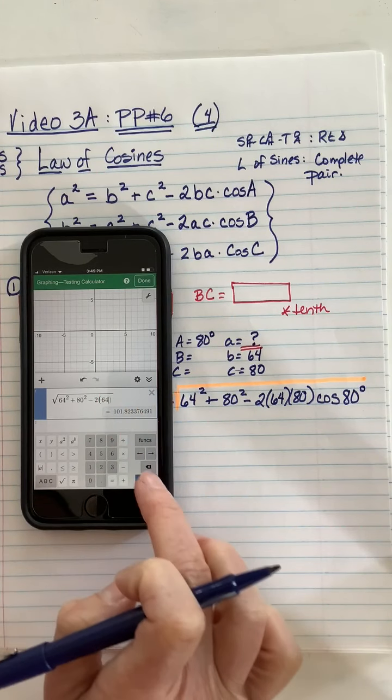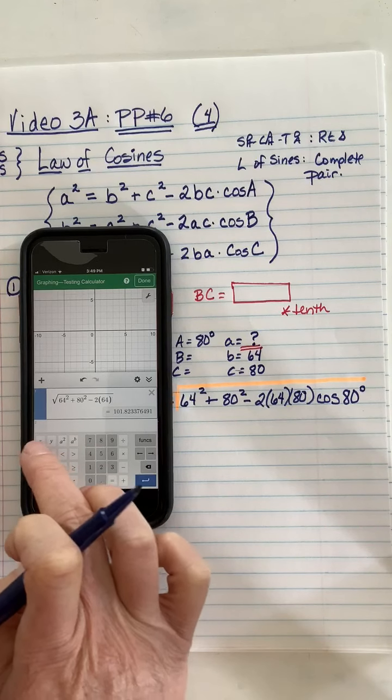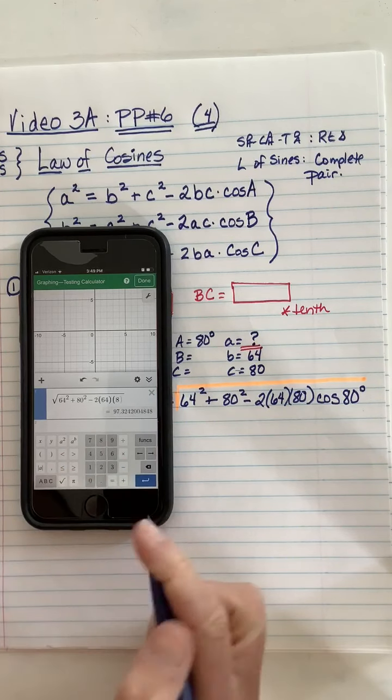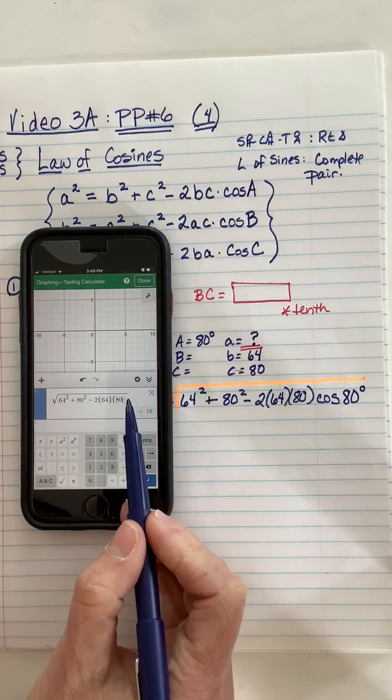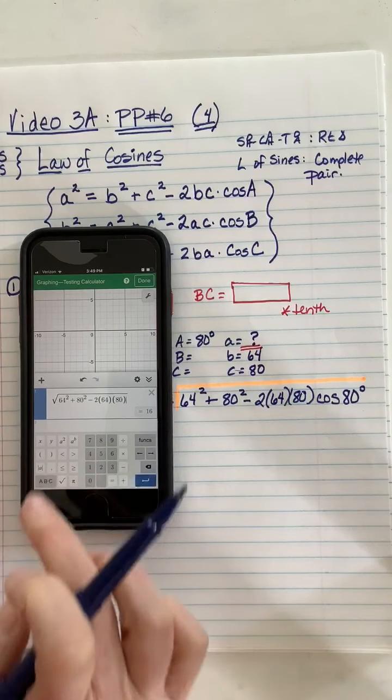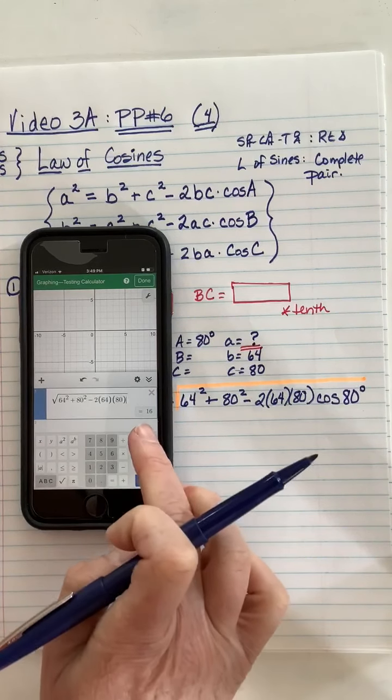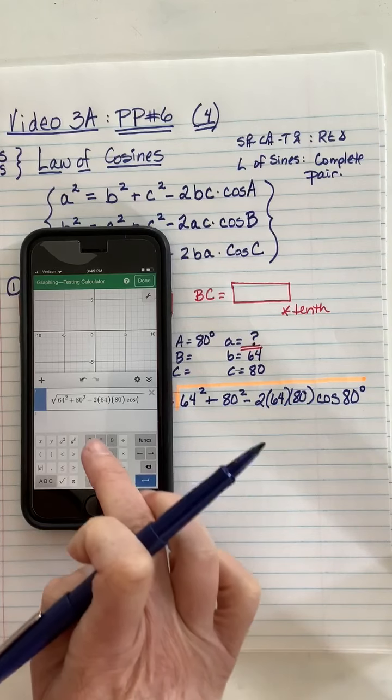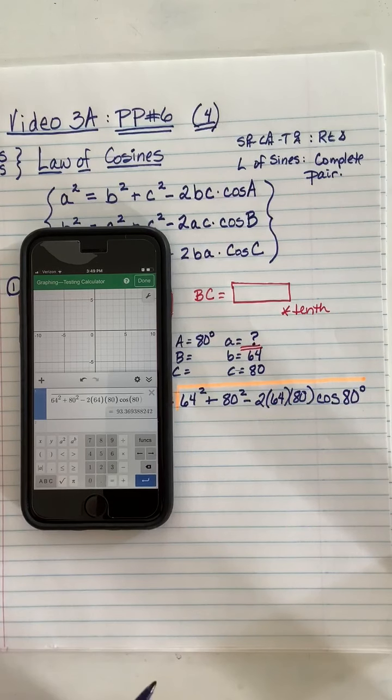Whoops, I want to stay under the square root, times 80. Make sure you're still under there, all of your terms, and my parentheses. And now I've got cosine of my other 80. Sorry, I used two 80s there. That could have been better planning.